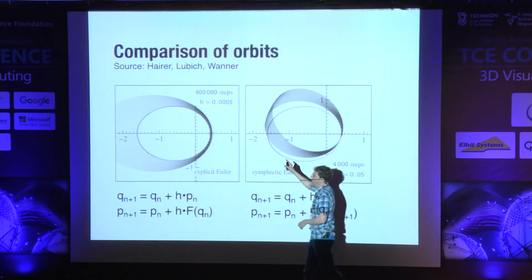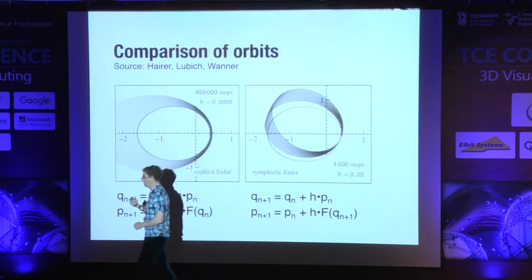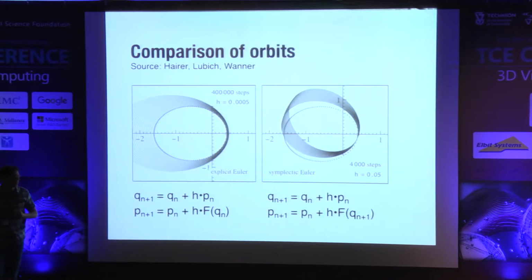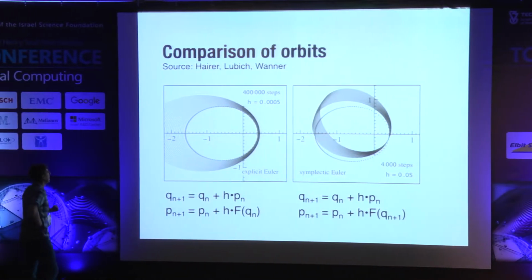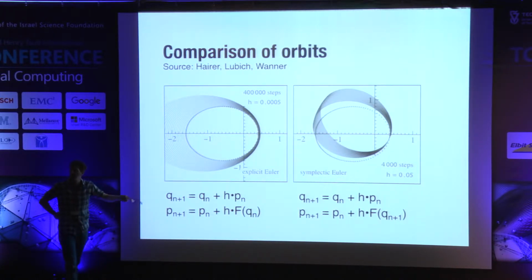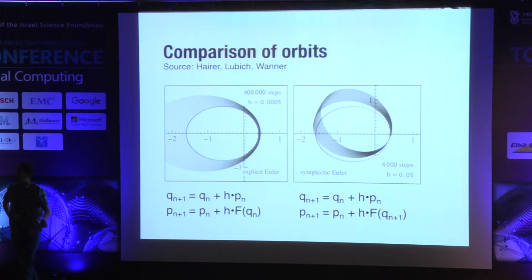On the left, I'm computing, well, I'm not computing. This is from a textbook, Lubich and Hairer and Wanner, a computation of planetary motion with very tiny time steps, 0.0005. And as we can see, over time, this kind of blows up. And this is a well-known attribute of explicit Euler.